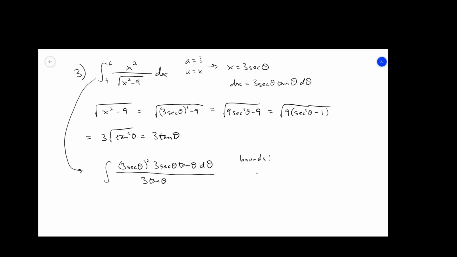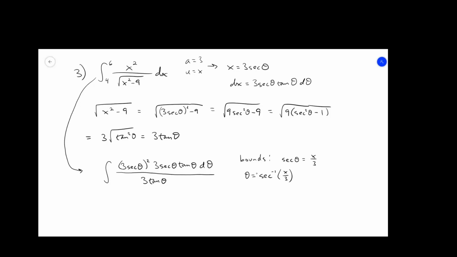We had x is equal to 3 secant theta, so that means secant theta is equal to x over 3. So what is theta then? Theta is the inverse secant, or the arcsecant, however you want to call it, of x over 3.